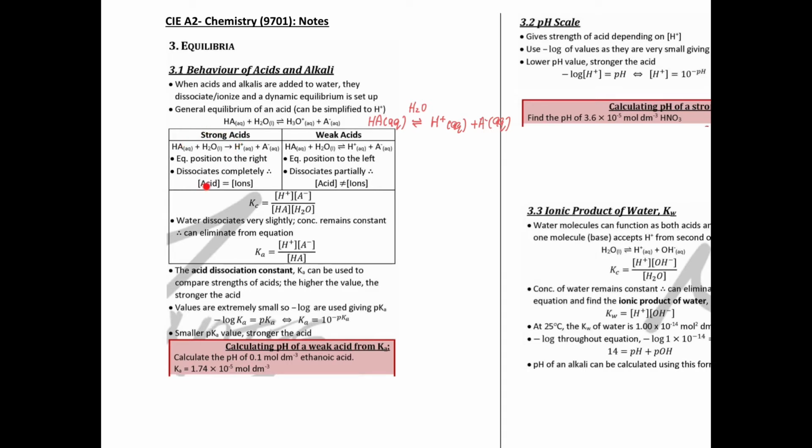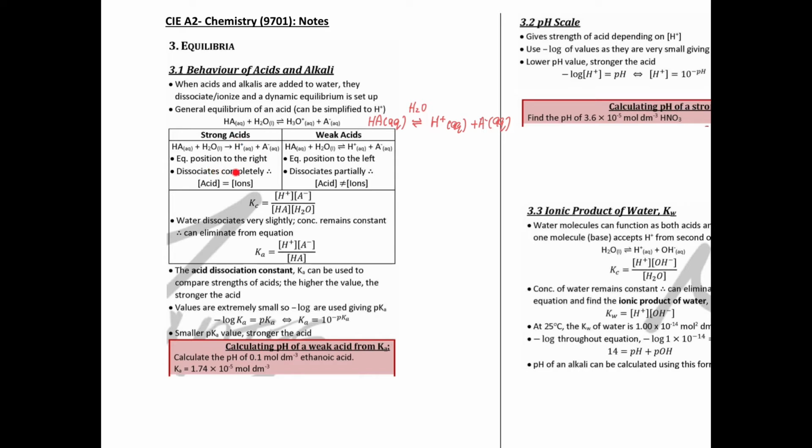As it is monobasic, one HCl contributes to one H+. But if this is sulfuric acid, which is dibasic, H2SO4, then the concentration of H+ has to be double, because one mole of dibasic acid, H2SO4 for example, ionizes to form 2 moles of H+.